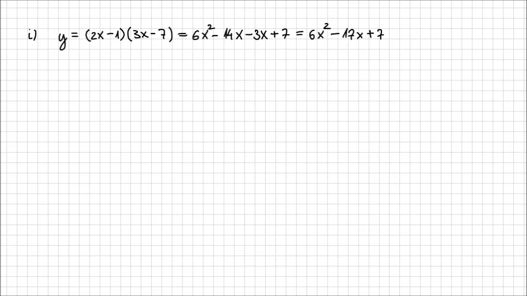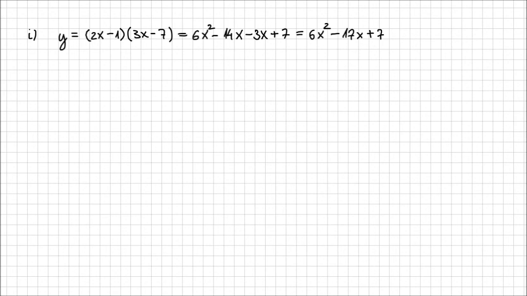So the expression can be simplified to 6x squared minus 17x plus 7. As you can see, this is a polynomial expression that we've encountered before, and using all the rules that we have, the constant rule, the power rule, the constant multiple rule, sum rule, and difference rule, we can very easily determine the derivative of this function.